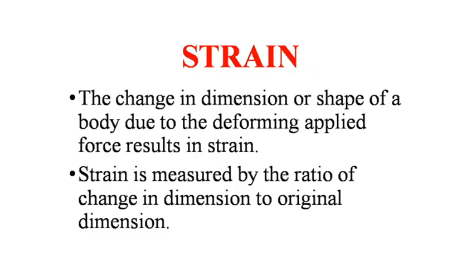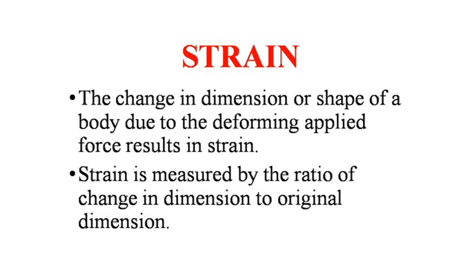Next, we are going to learn about strain. So, what is strain? Strain is the measure of the ratio of change in dimension to the original dimension. See, if your body gets permanently deformed due to the application of an external load, then we can say the body has occurred a strain.